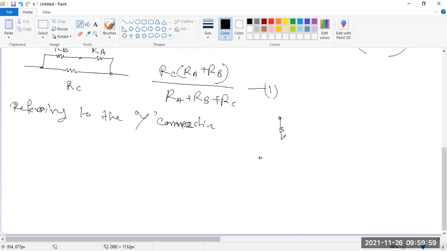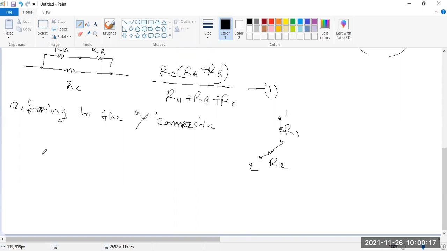This is R1, this is R2, not RA, RB. This is R1 and R2.